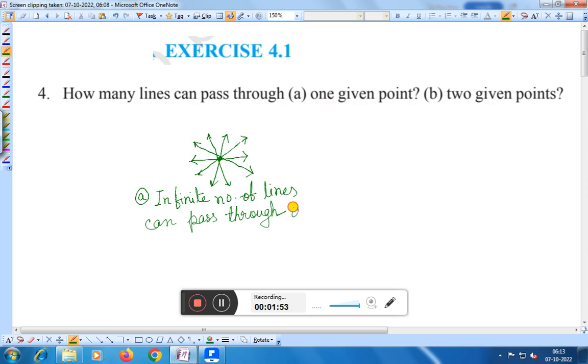This is the answer of question part A. Right? This is the solution of question part A.